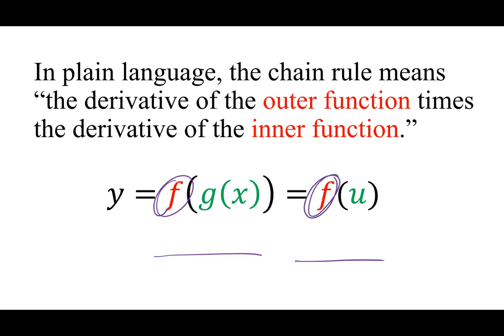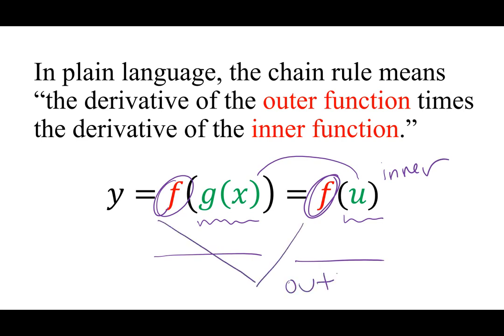If you're thinking of it as an f of u, then f is still your outside function. Whereas your g and your u would both be your inner functions. So the f would be the outer function, and then either g of x or u would be the inner function, depending on which of these two things you wanted to use.